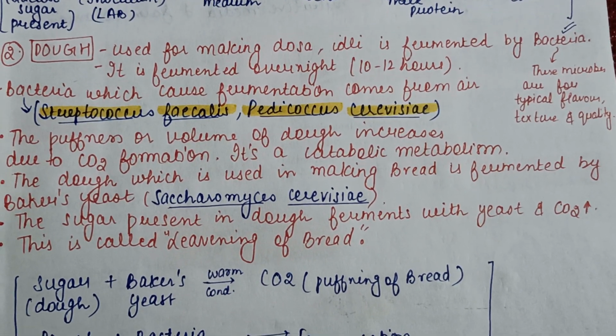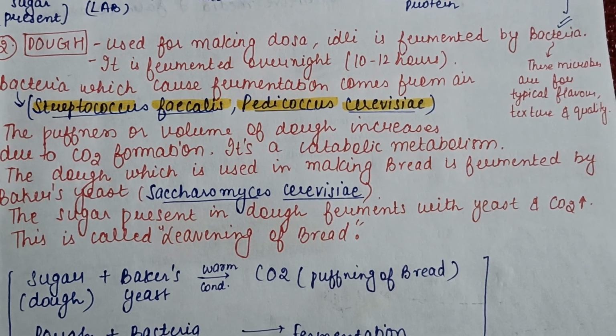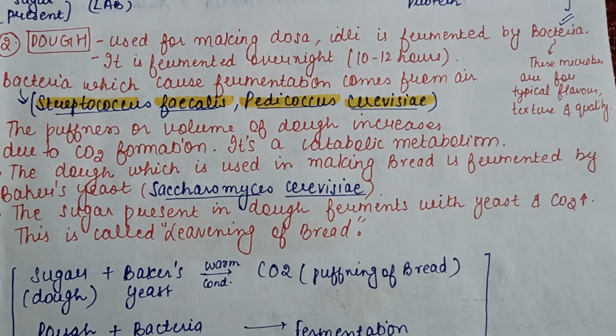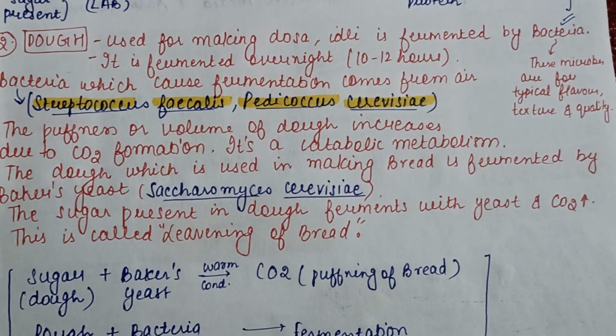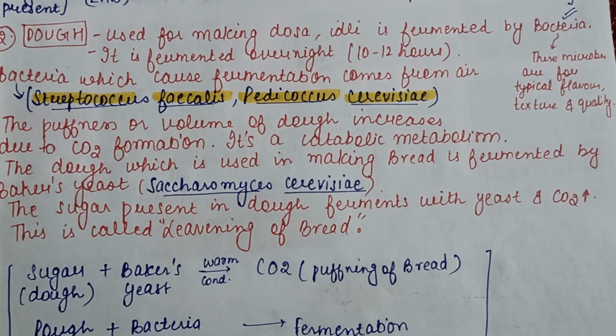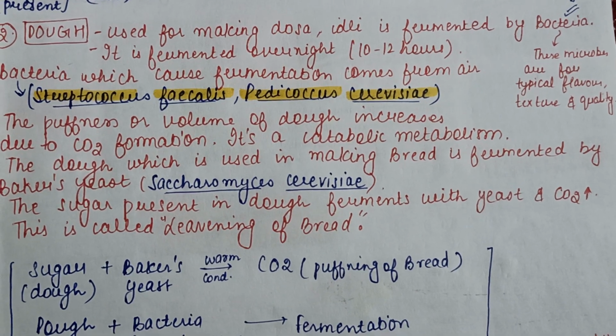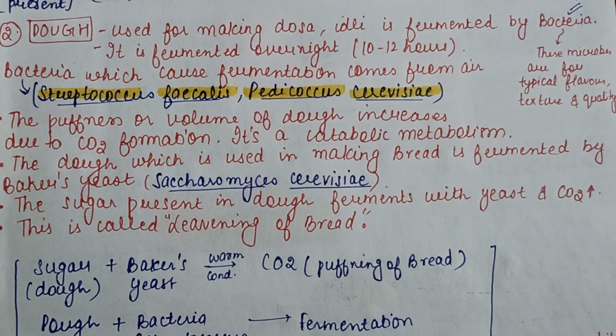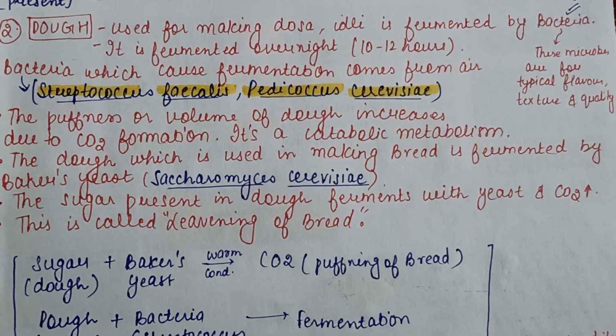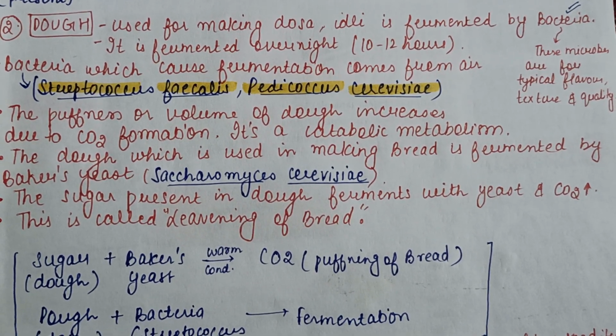The puffiness or the volume of the dough increases due to CO2 formation. This is very important, that the puffiness of dough or bread is caused by the formation of CO2, meaning carbon dioxide. It's a catabolic mechanism.